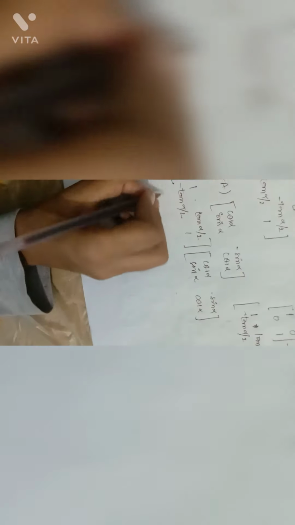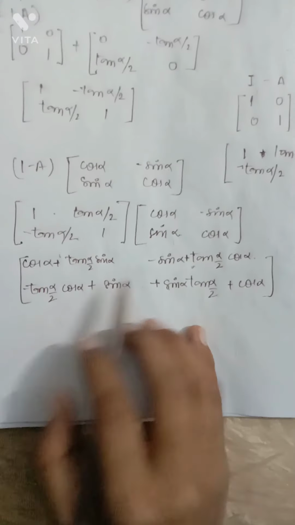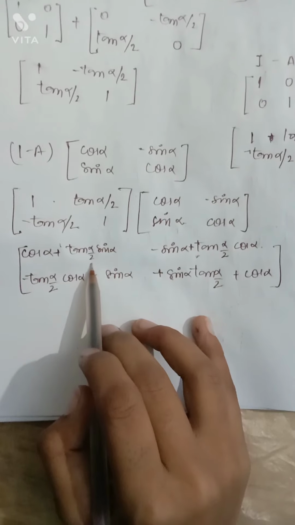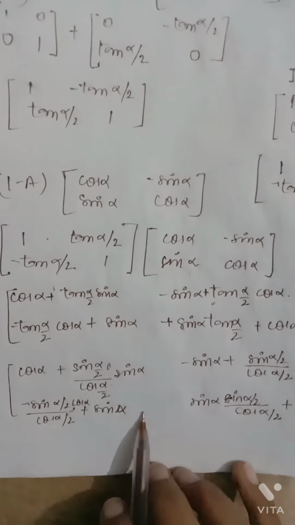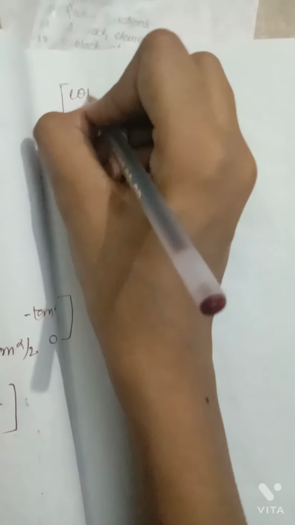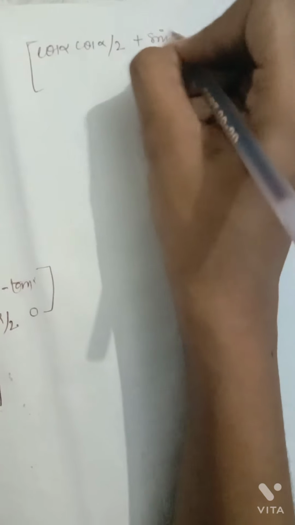We will multiply these both. It is cos alpha. This we have multiplied, and now we will open this tan alpha by 2 as sin alpha by 2 and cos alpha by 2. We will get cos alpha, and this sin alpha by 2, cos alpha by 2 divided by cos alpha by 2. If we multiply this cos alpha with this, we will get cos alpha by 2 plus sin alpha into sin alpha by 2.